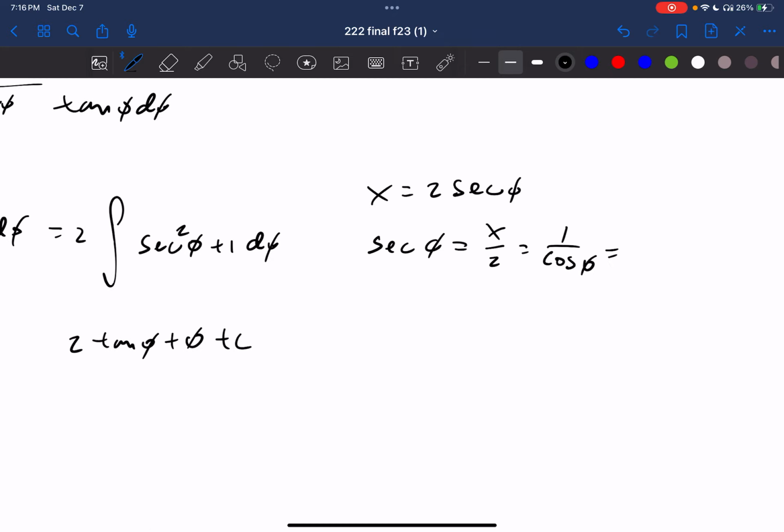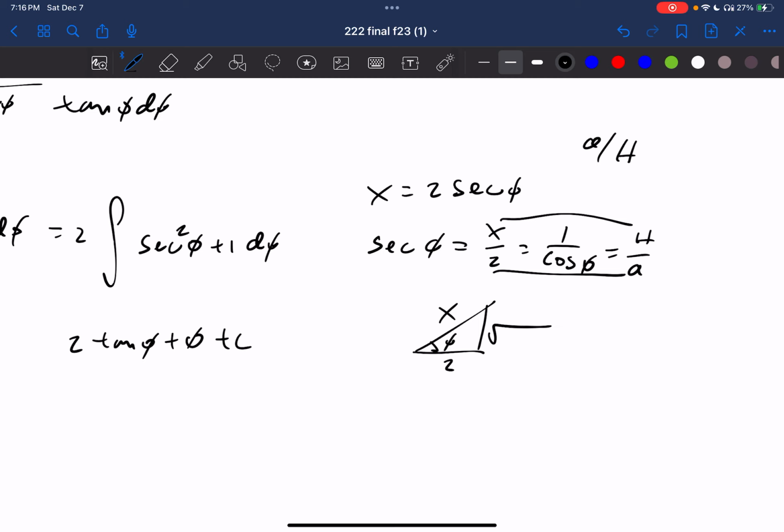Cosine is equal to adjacent over hypotenuse. So this will be equal to hypotenuse over adjacent. So if we draw a triangle with this being theta, our adjacent is going to be equal to 2, and our hypotenuse is going to be equal to x. Which makes this side, by the Pythagorean theorem, the square root of x squared minus 4.